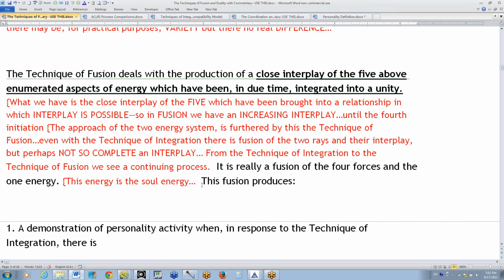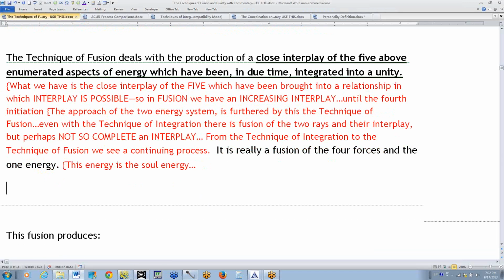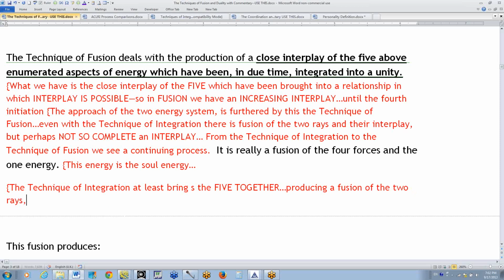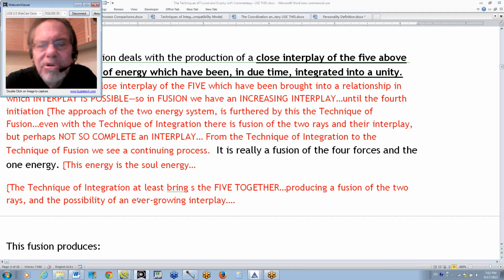So let's just say the technique of integration at least brings the five together, producing a fusion of the two rays and the possibility of an ever growing interplay. Now you kind of wonder what does happen to the personality ray when the causal body is destroyed.